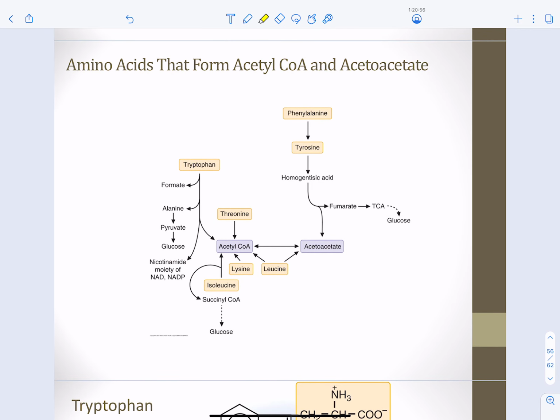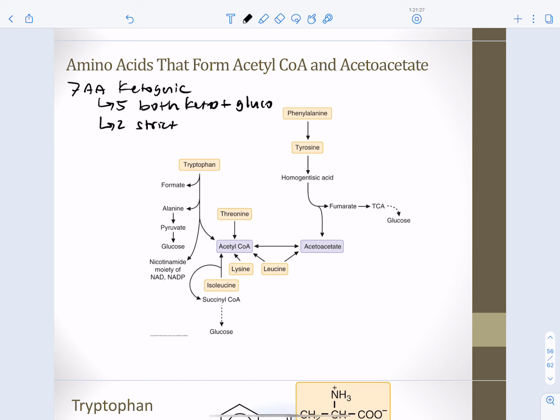So we have amino acids that are ketogenic, and ketogenic is going to form acetyl-CoA and acetoacetate. There are going to be 7 amino acids that are ketogenic. 5 of these are both keto plus gluco, can make glucose or ketone bodies, and 2 are strict keto.